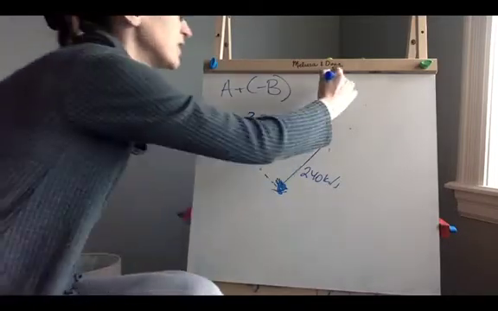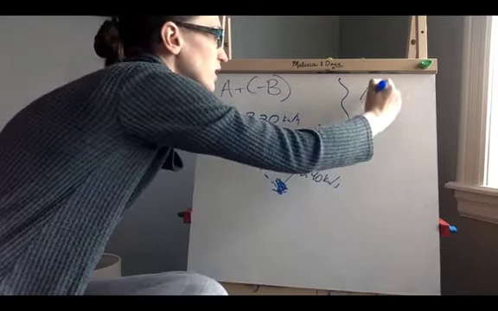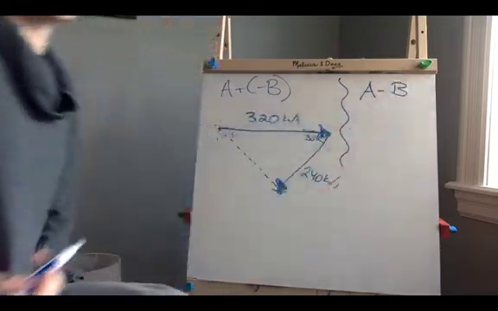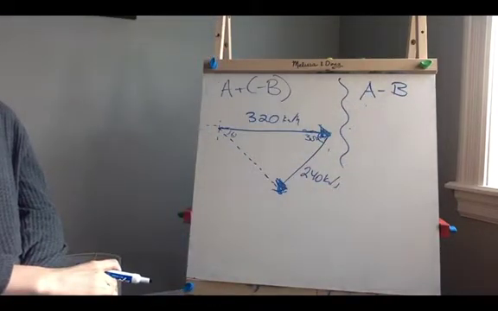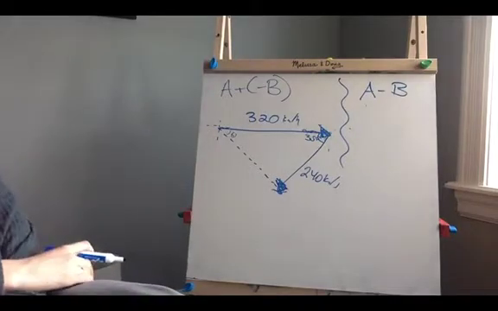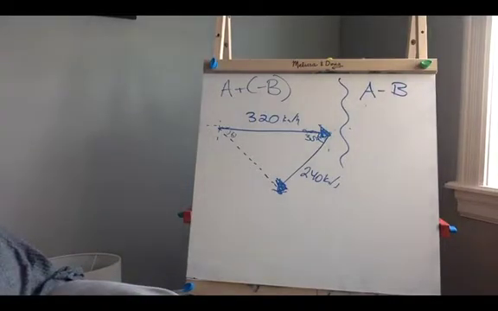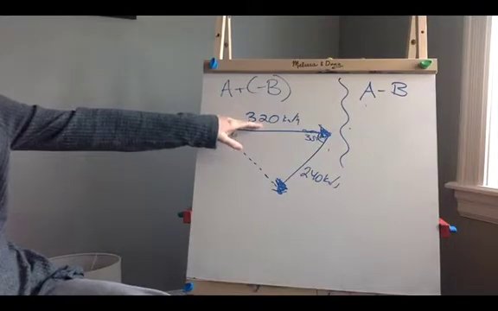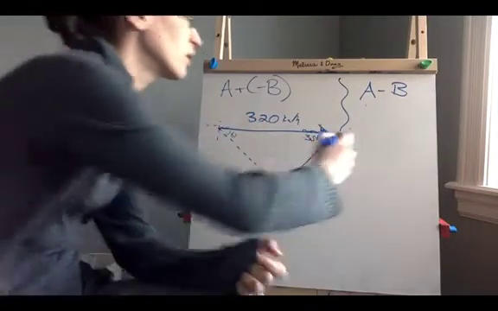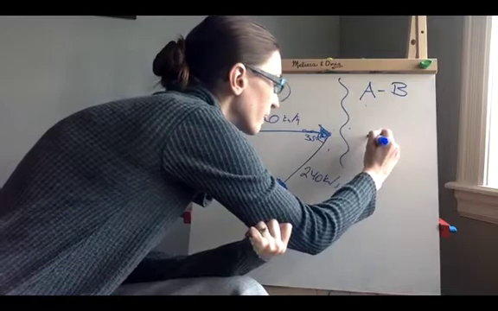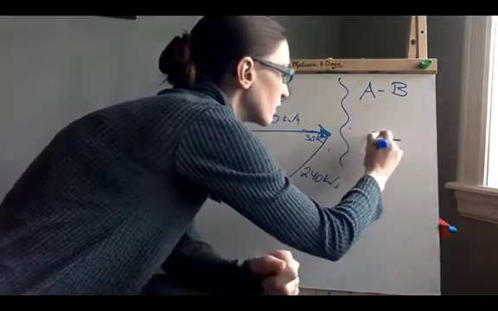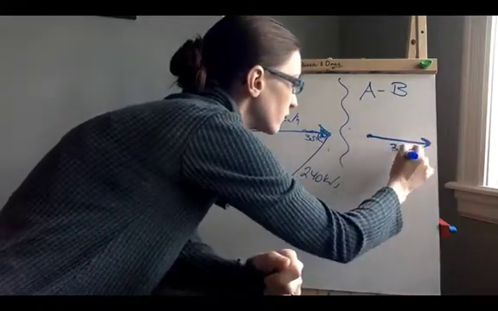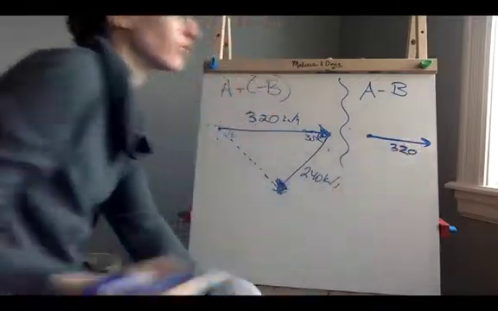Okay, if instead I set it up using just the A minus B again, right, and we're doing subtraction and we'd be going tail to tail instead, okay, we would again set up our first vector A, right, so going 320, right, so that value is 320, straight east.